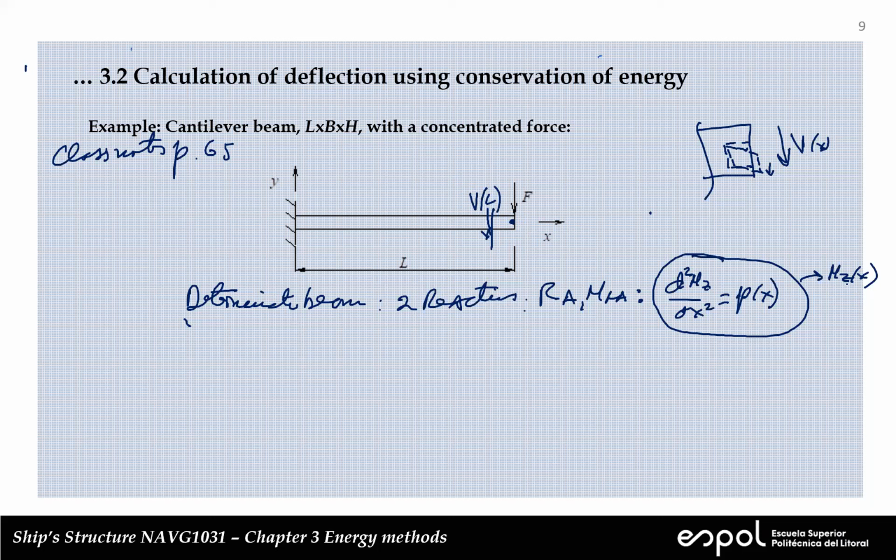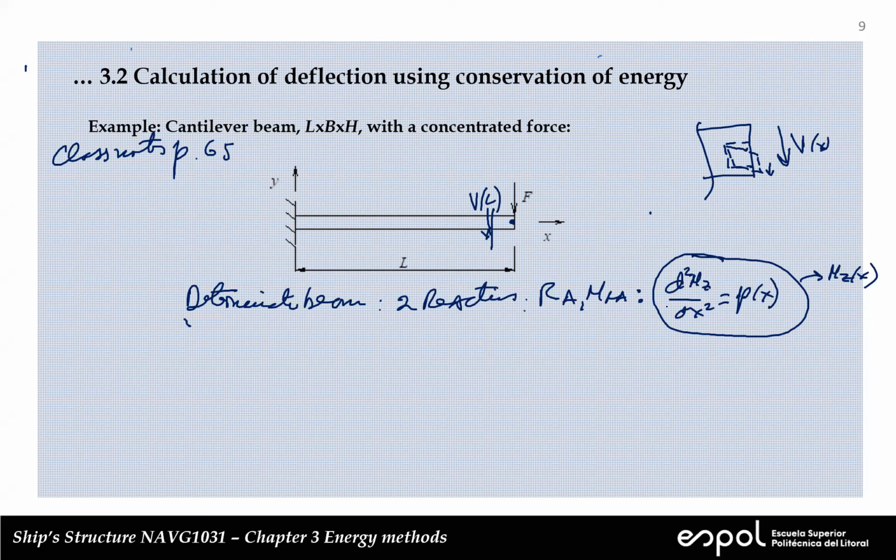The derivative of M is equal to V of L. Is that correct? Or do I need something else? Minus V of L. Please, plus or minus makes a big difference. Okay, that's it.